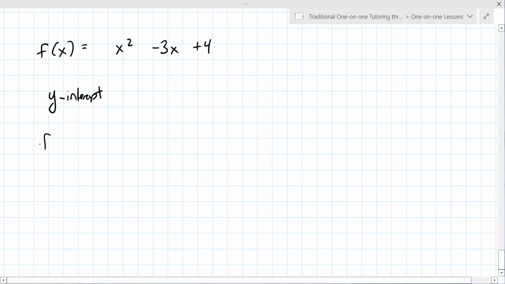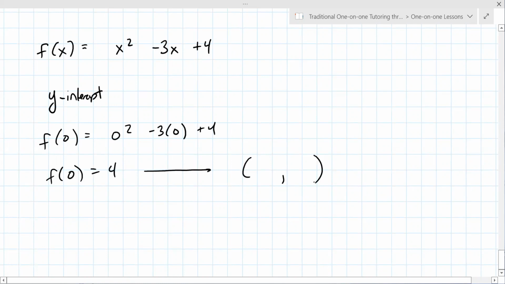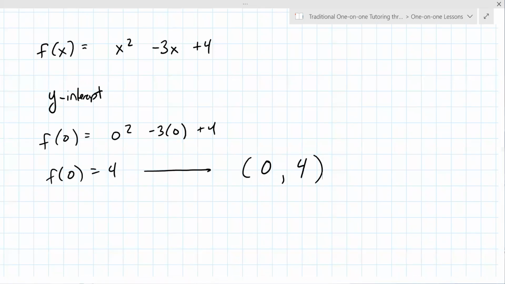Yes. So f of 0 equals 0 squared minus 3 times 0 plus 4, so f of 0 equals 4. What is the ordered pair associated with this? 0 and 4. Very good. Any questions on that? Nope.